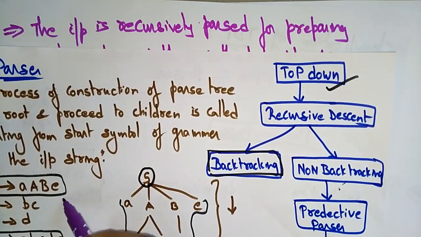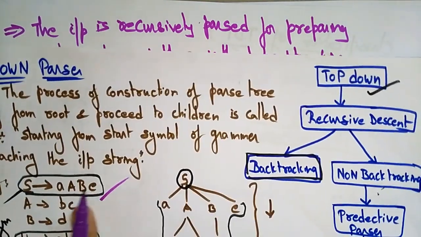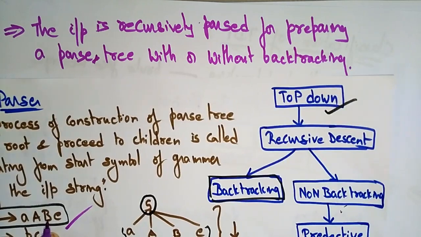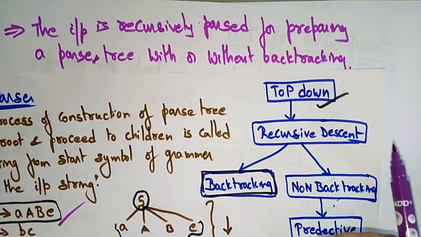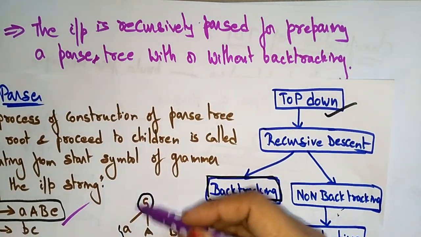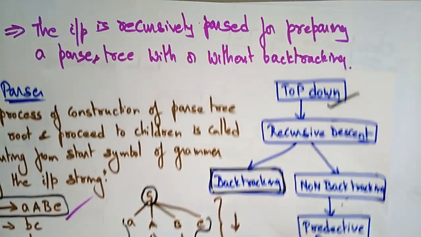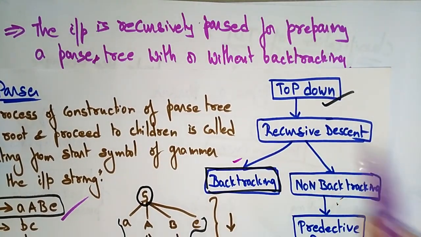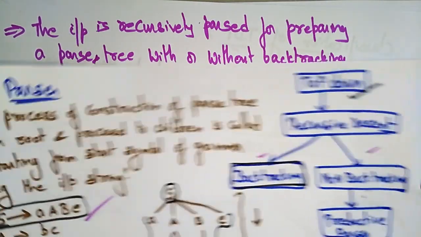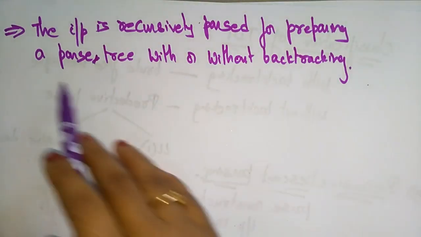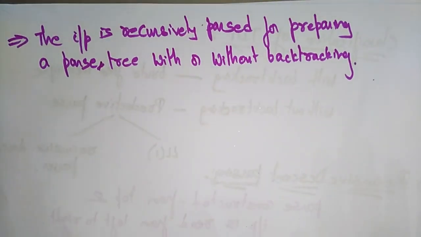Whatever input we are taking for this grammar is recursively parsed for preparing a parse tree, with or without backtracking. The aim is to prepare a parse tree. But backtracking cannot be avoided for the associated grammar, whereas predictive parsing is recursive parsing without backtracking.